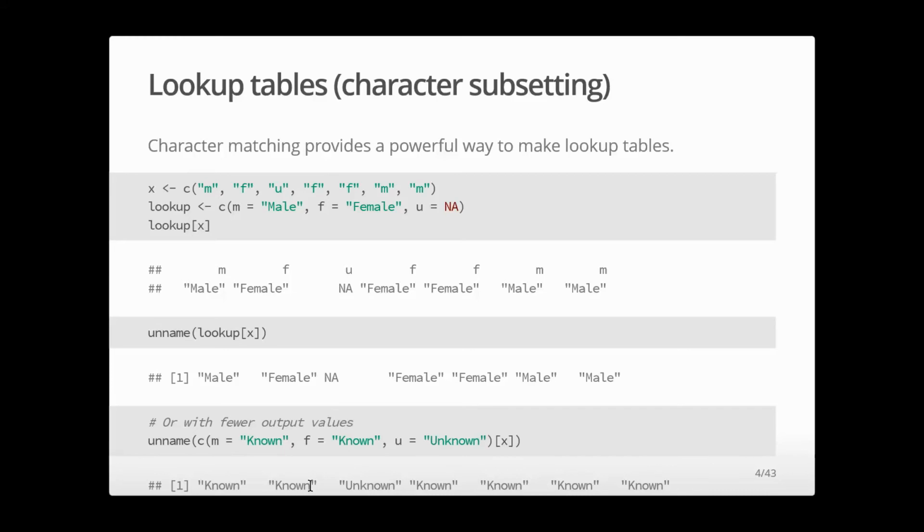In this vector what's f, known. And it has no problem saying known, known, even though you have two things with different names that have the same value. All right, there's no problem there. So this is a neat feature of lookup, or of subsetting. Okay, we are using character subsetting based on names to do this.